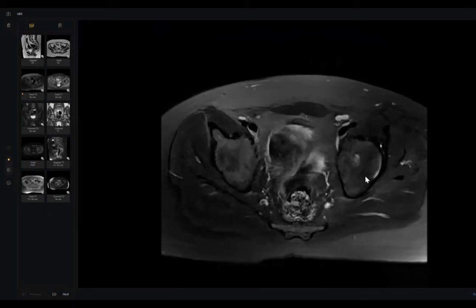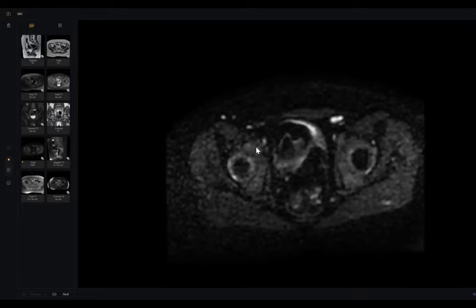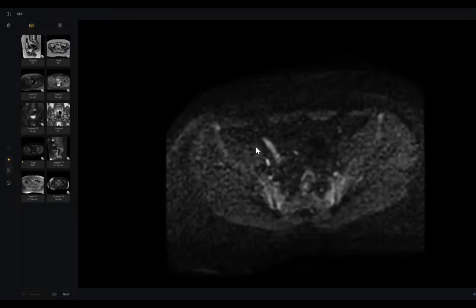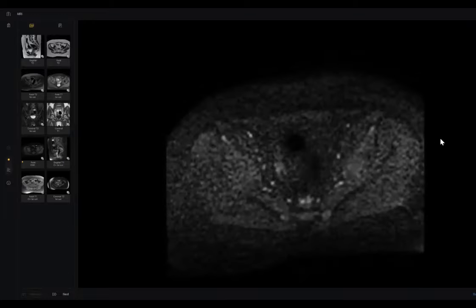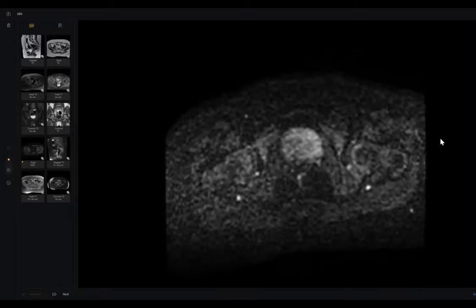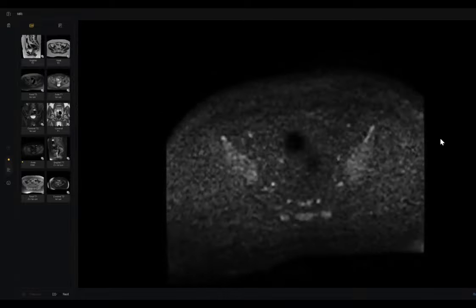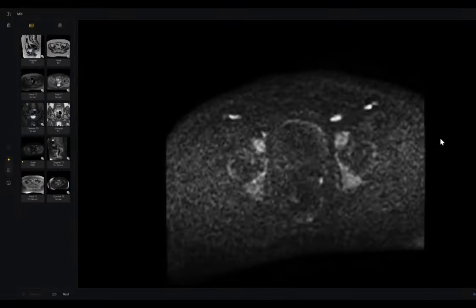I don't know, but maybe post contrast. Look here, diffusion. What is the name of this sequence? Diffusion. Did you find any testicular tissue or not?